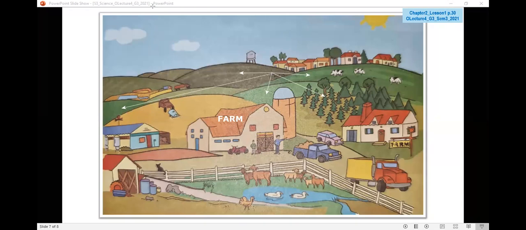What are some abiotic factors found in this ecosystem? What are some abiotic factors or non-living things found in this ecosystem?